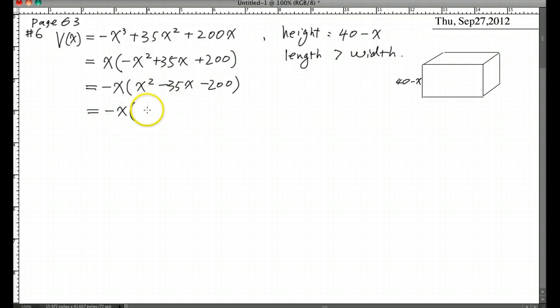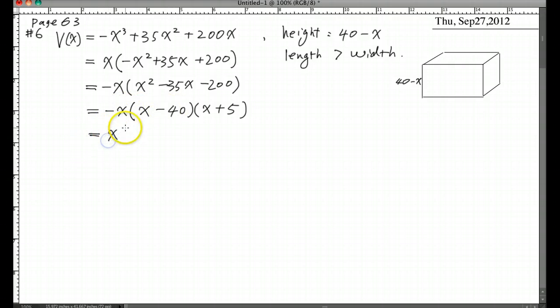If you do the factoring, because you figured already there's a term 40 minus x, and because we take the negative one out, this one must become x minus 40, right? And then you can quickly guess the other one must be x plus 5, right? If you don't believe, just go back to see if you get exactly the same thing. Now if you want, you can put the negative one into this term.